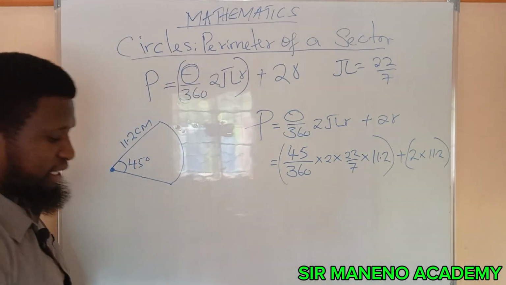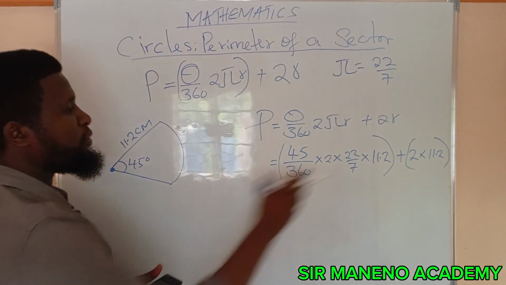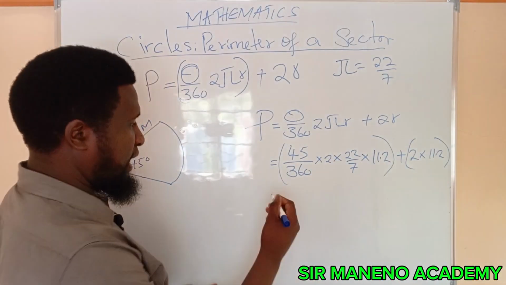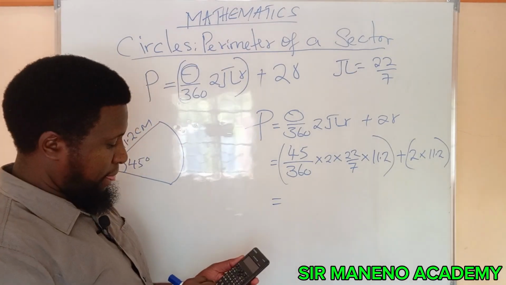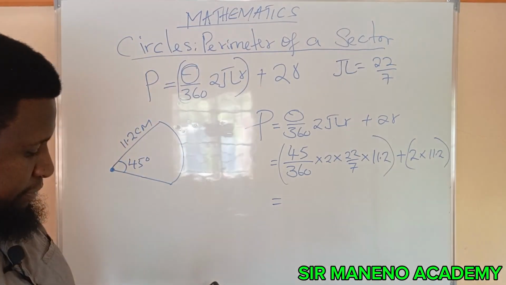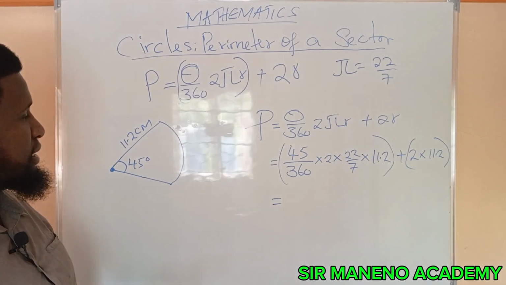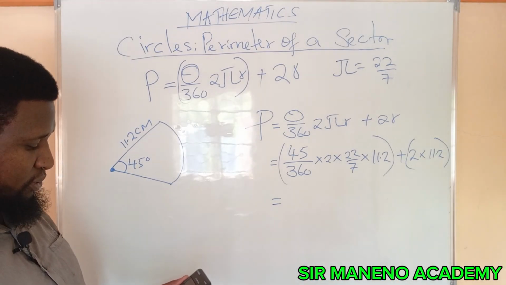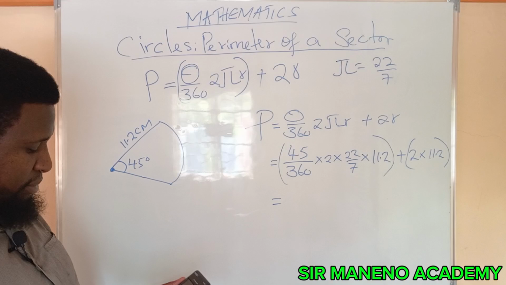So you take up your calculator and feed these figures in as they are. We say 45 divided by 360, times 2 times 22 divided by 7 times 11.2.